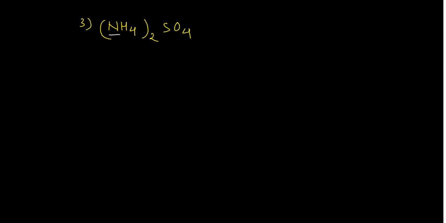The simplest thing you can do is ionize this species. When you ionize it, it gives 2 NH4+ and sulfate 2 negative. Now you have NH4 positive. So how will you calculate?